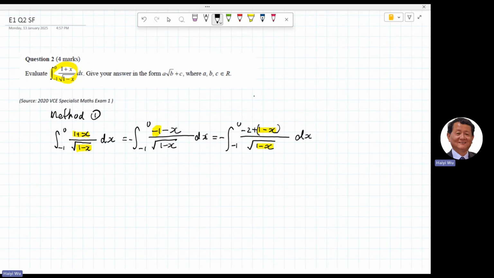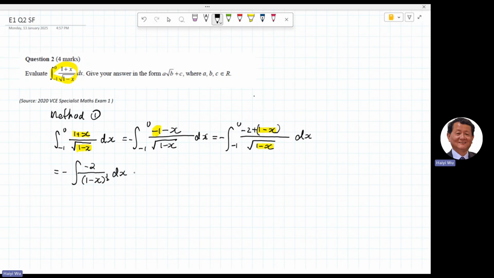So now I'm going to separate it. I'm going to separate the first one into -2 divided by, I'm going to write it with the fractional index.